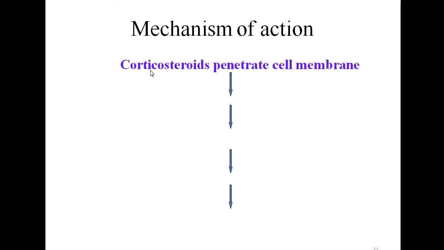Now the mechanism of action of corticosteroids. These receptors for corticosteroids are present in the cytoplasm. So the corticosteroid passes through the cell membrane, binds to the cytoplasmic receptor.